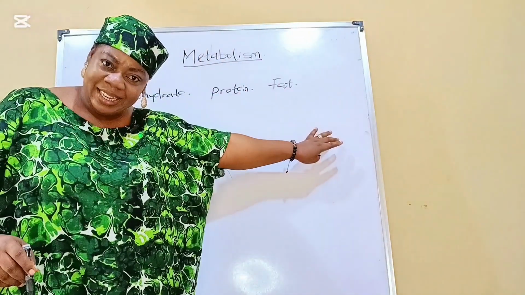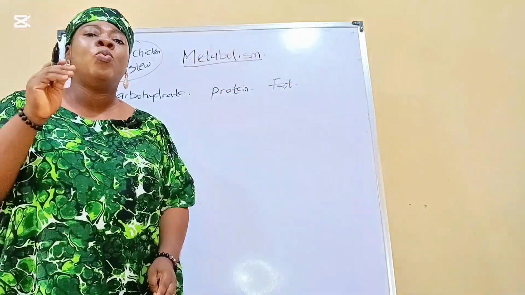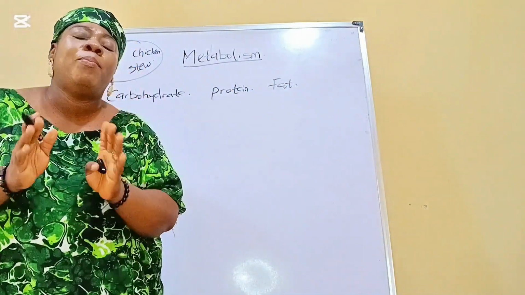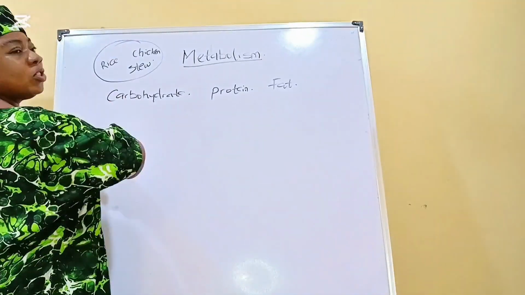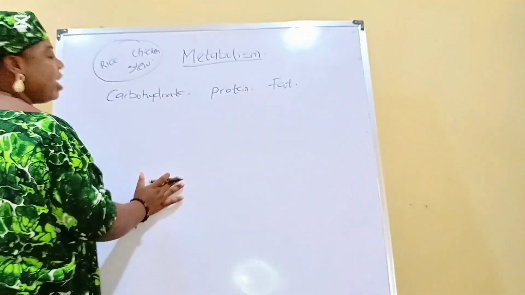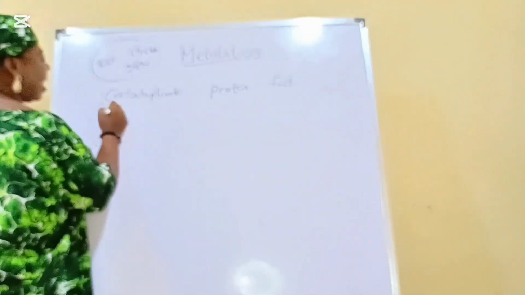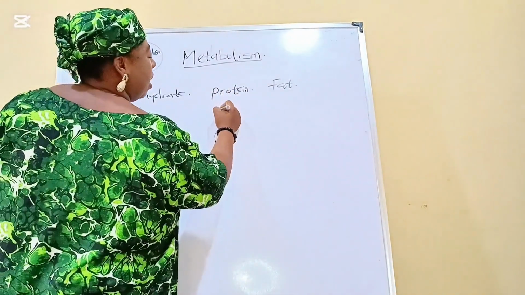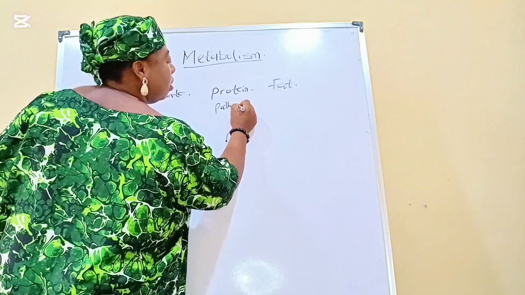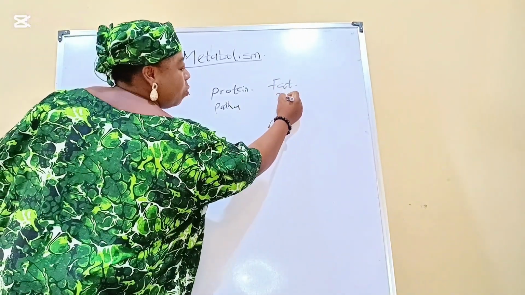These different processes are what we now call metabolic pathways. So this carbohydrate has its own pathway. This protein also has its own pathway. Fat also has its own pathway.